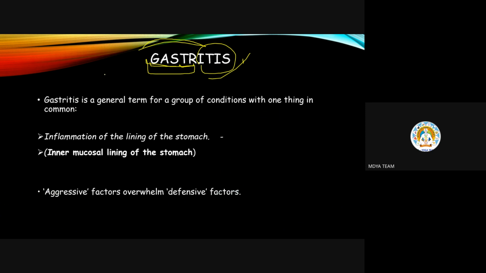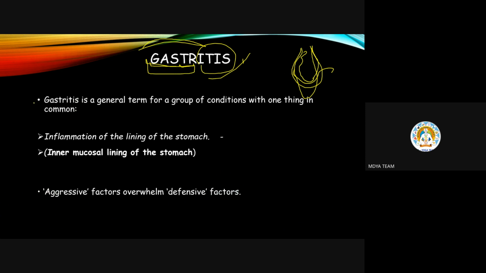What exactly is happening in the abdomen, in the inner layer, which is called the mucous membrane? When the inflammation in this mucosal membrane is there, it is called gastritis.